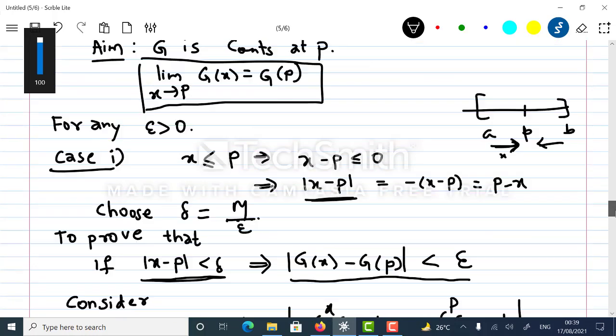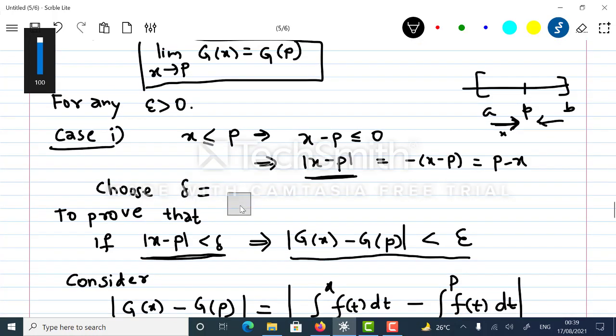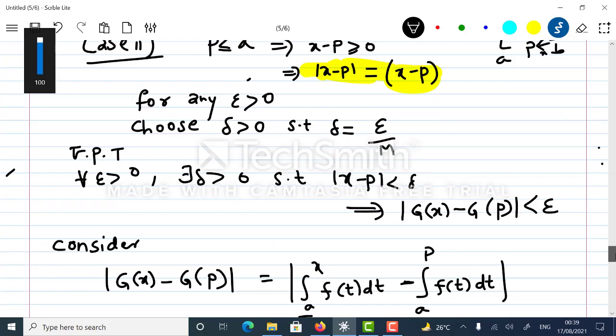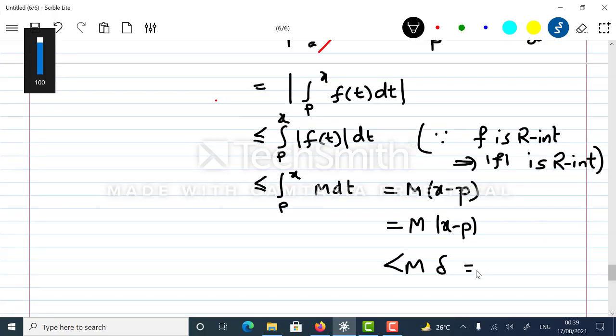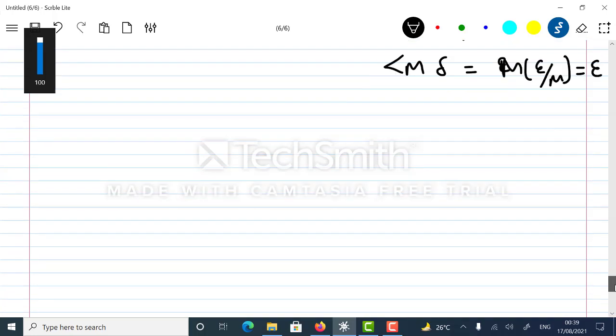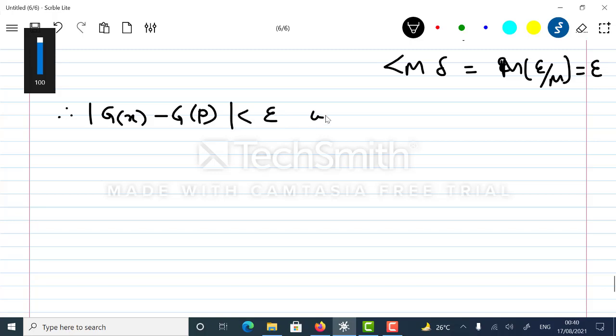Yeah, I should write it is epsilon upon m. So it is epsilon. So what I proved is as follows: therefore modulus of g of x minus g of p is less than epsilon whenever mod x minus p is less than delta.